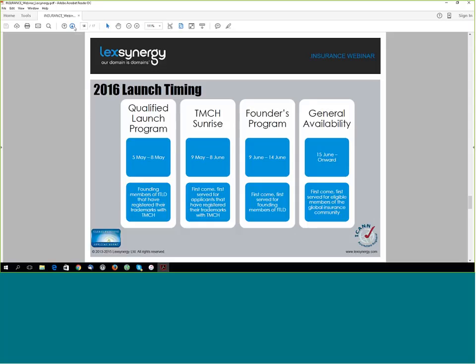Then after that is the Founders Program, and that is for founders that don't have trademarks in the clearinghouse, so they have an opportunity to secure domain names they want, and once again, that would not apply to the general insurance community. Then it's open to all insurance companies as well as any other entity that qualifies for a .insurance domain name.